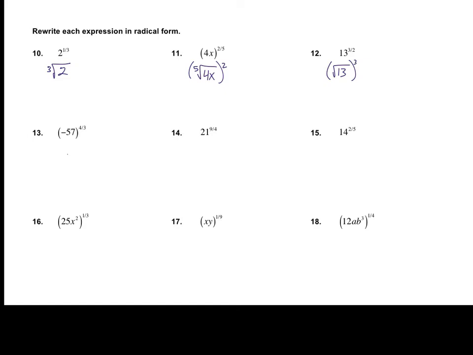Number 13, we'll have negative 57 underneath, so the 3rd root of negative 57 all to the 4th power. Number 14, the 4th root of 21 to the 9th power. Number 15, we'll have the 5th root of 14 squared.